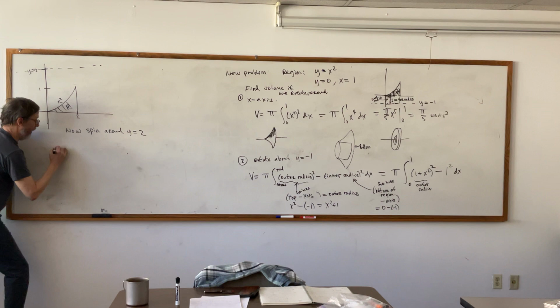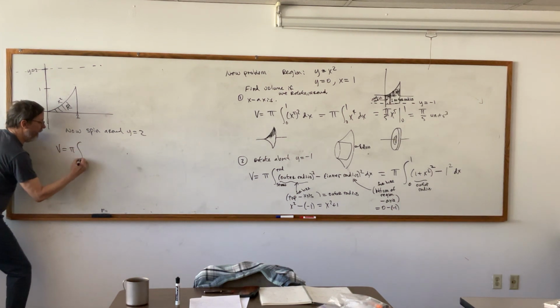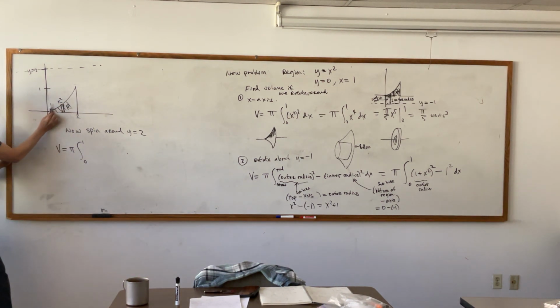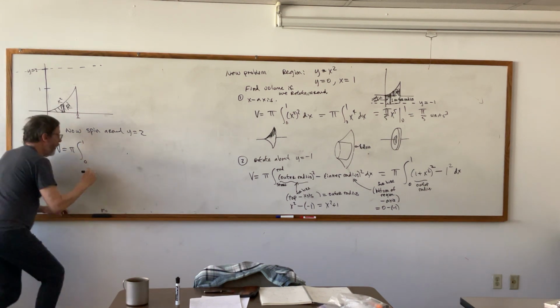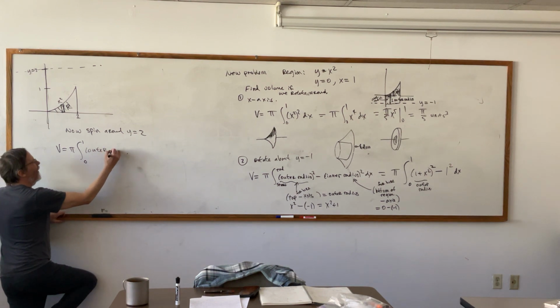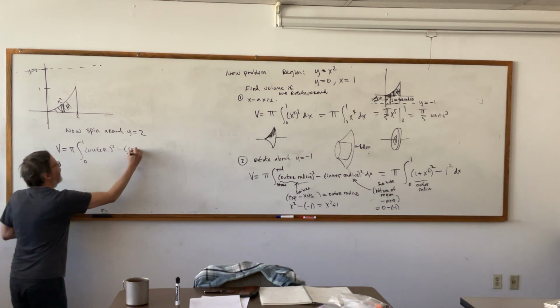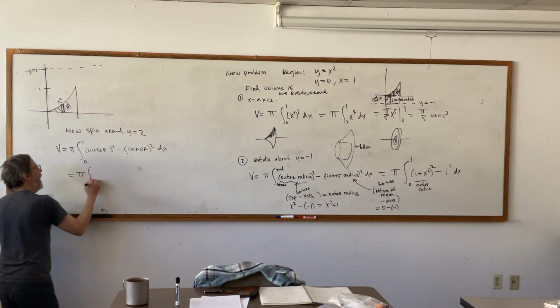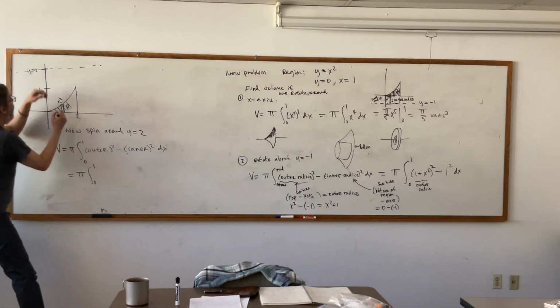So let's do this together. So V is going to be pi integral from start to finish. Start is 0, end is 1. I'm thinking of vertical slices. Where do those slices run? From 0 to 1. The outer radius, let's just do this. Outer squared minus inner squared dx. So that's going to be pi integral 0 to 1.